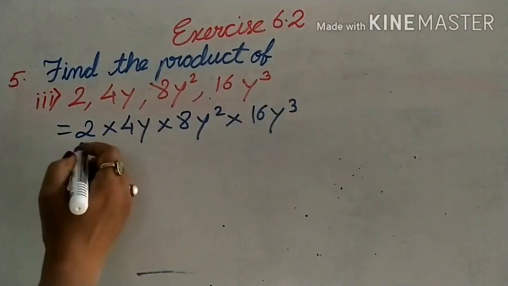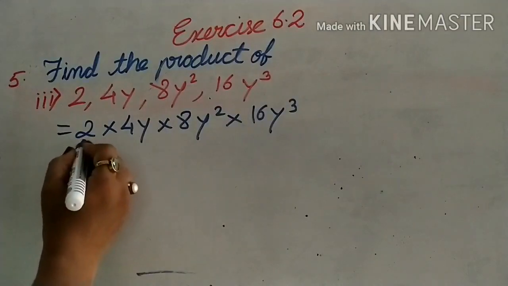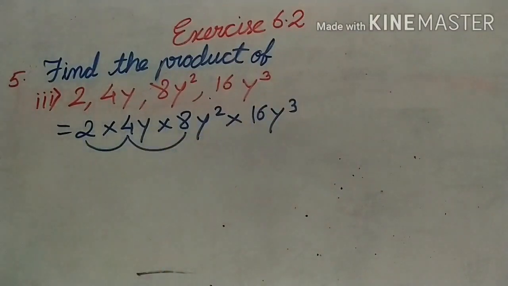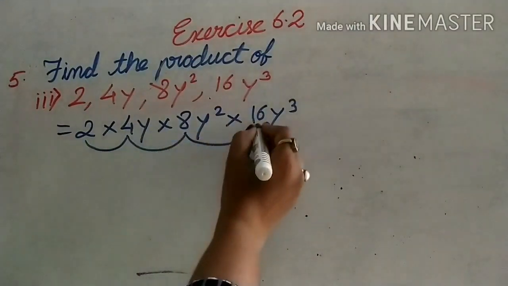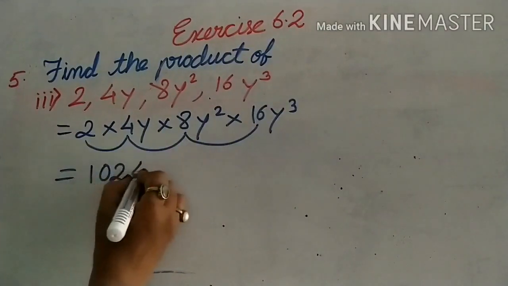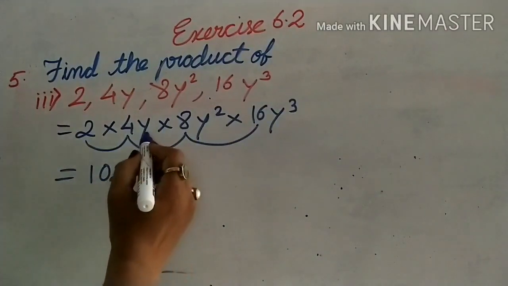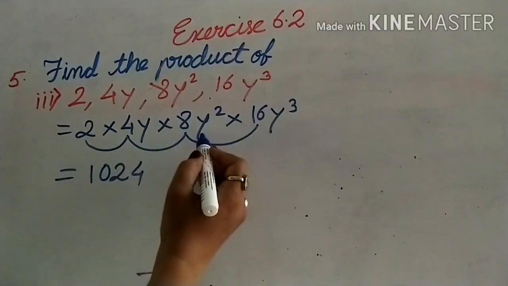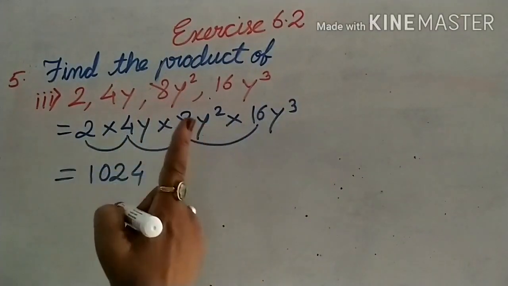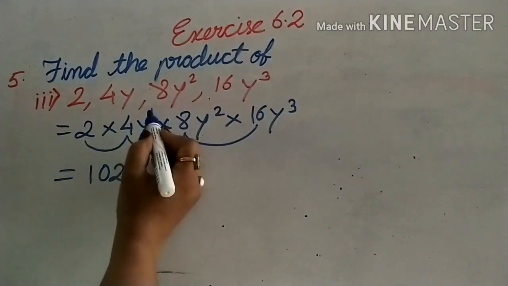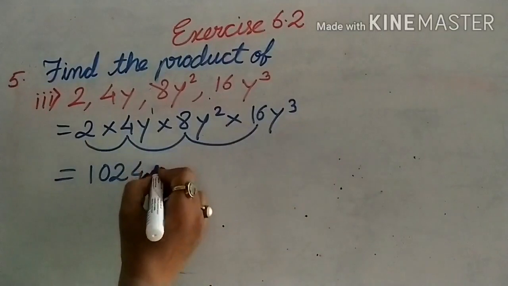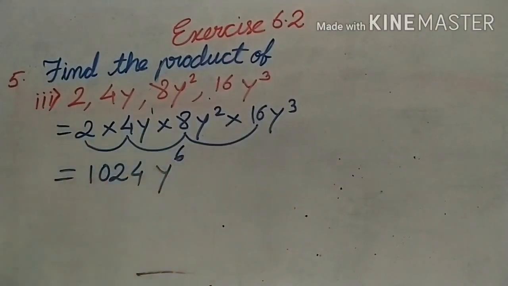We'll multiply this constant to constant. 2 4s are 8, 8 8s are 64. 64 into 16, the answer is 1024. Next comes, we have to add the powers of y, y square and y cube. Here no power, means always we have to consider it as 1. So 1 plus 2, 3, 3 plus 3, 6. So answer is 1024 y raised to 6.